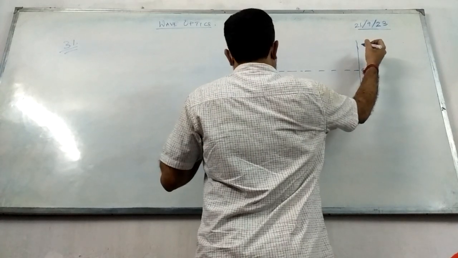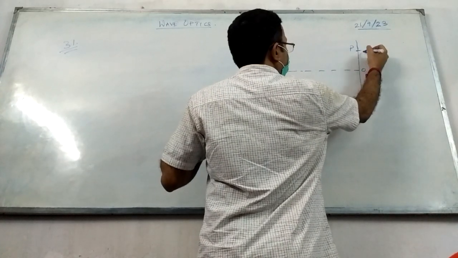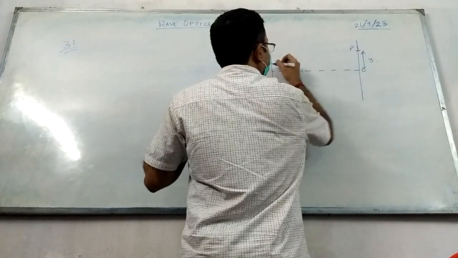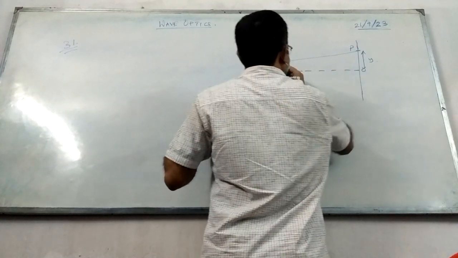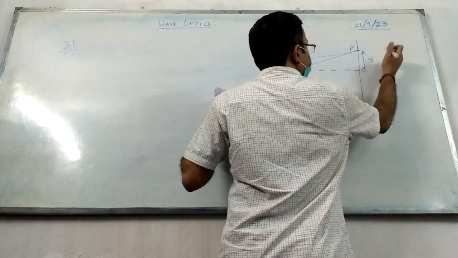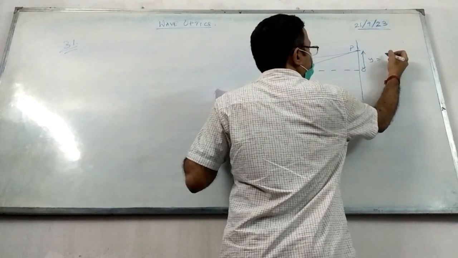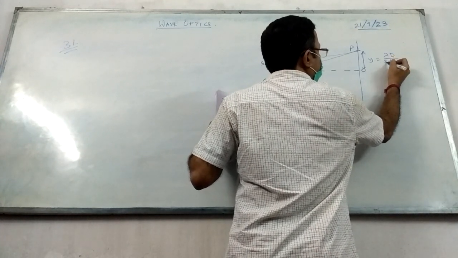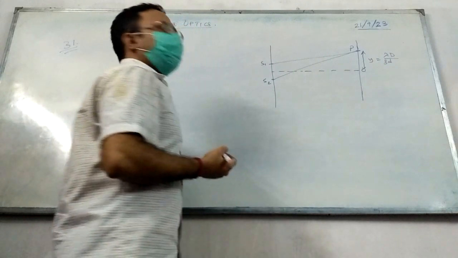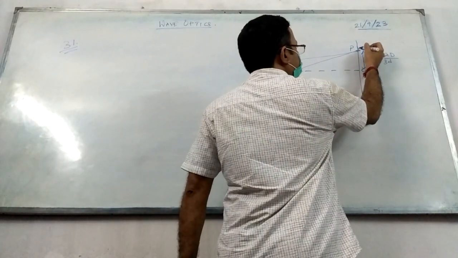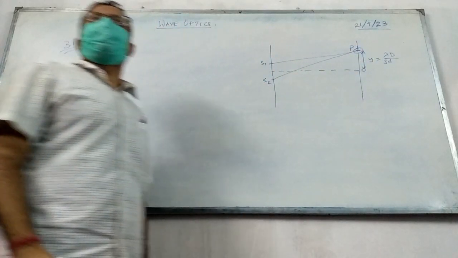Now they are saying there is a position P which is at a distance of y from O, and this y is 1/3 of the fringe width. So fringe width formula is lambda D by d, so it is given. They are asking you to find out what is the intensity of light at the point P.